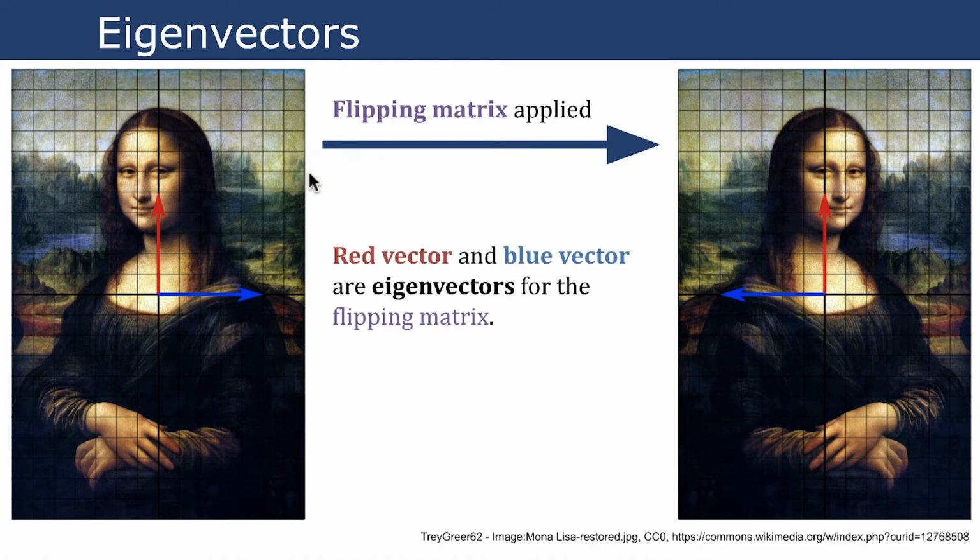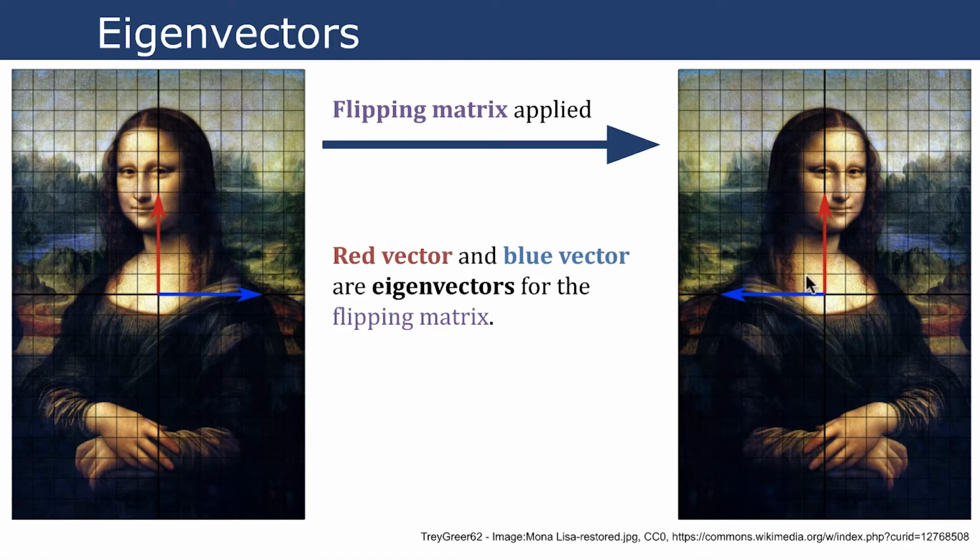If we apply a flipping matrix, a matrix that when applied reflects the Mona Lisa over this y-axis here, then the red vector and the blue vector are both eigenvectors of the flipping matrix because they retain their direction. With the red one, that's really obvious.